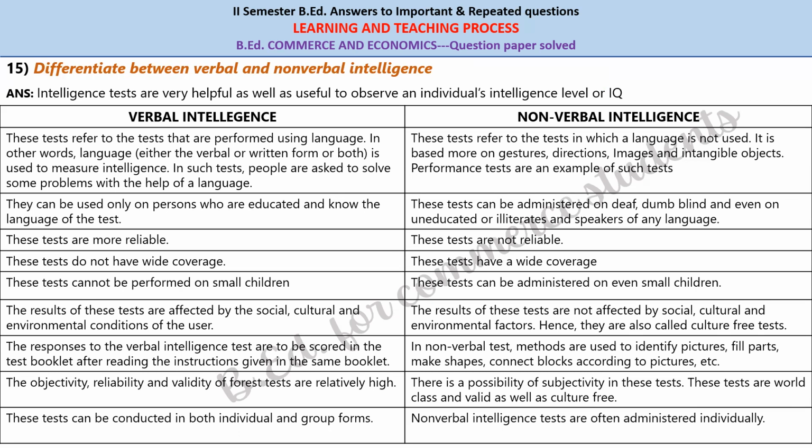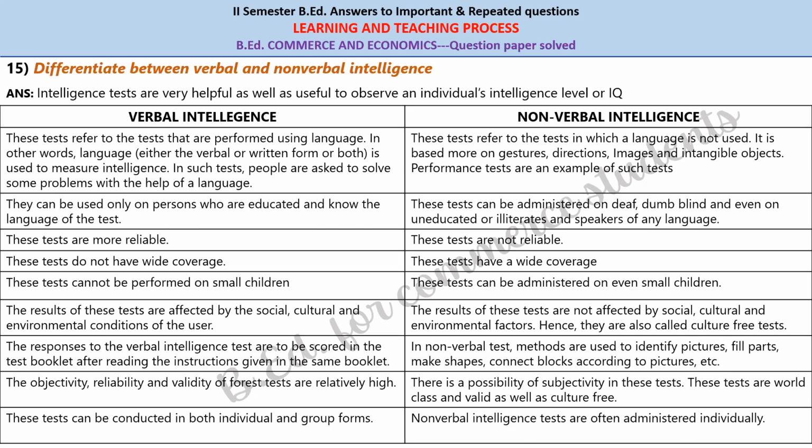The verbal test cannot be performed on small children, but the non-verbal intelligence tests can be performed on children because they are more responsive to non-verbal cues. Because as you see the child's expression, they understand whether the teacher or parents are angry or happy or smiling or sad. They are more receptive to that.